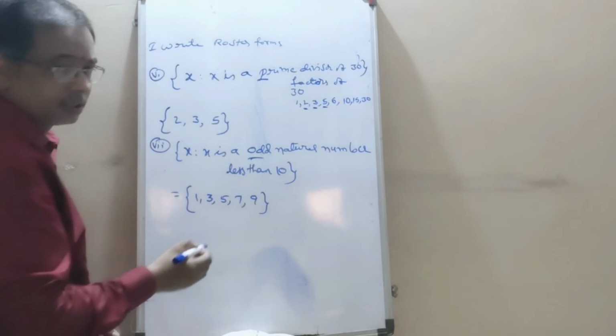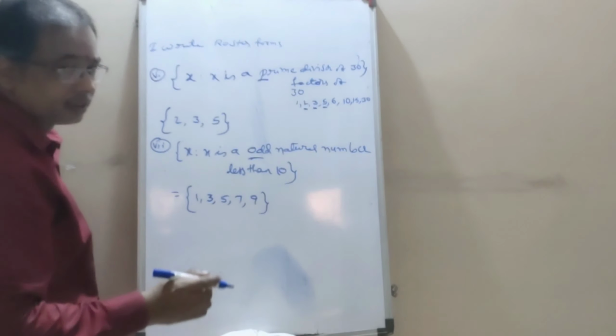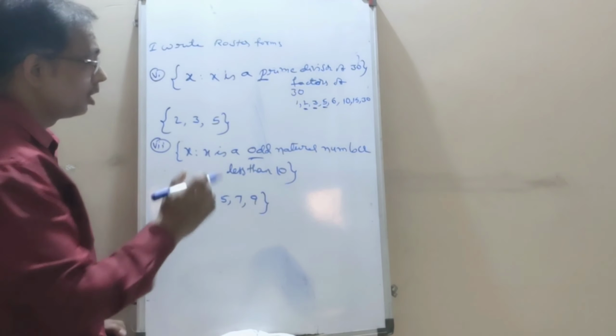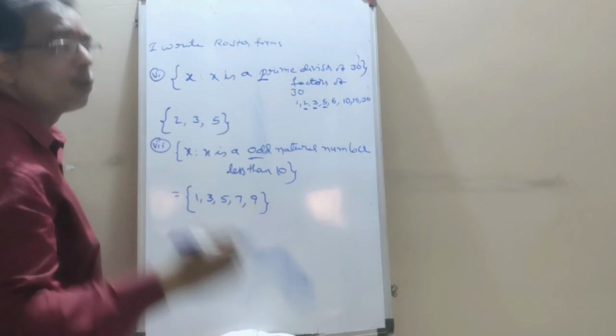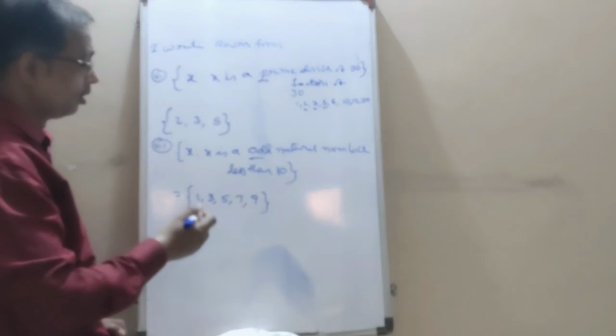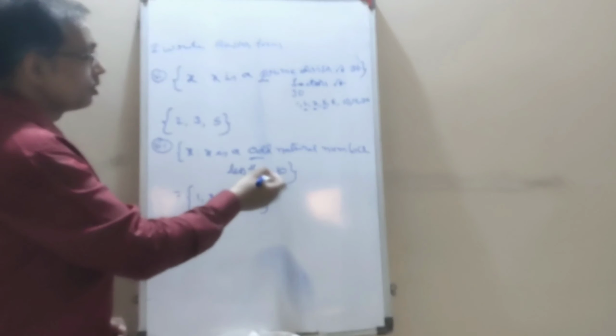Odd numbers means a number which is not exactly divisible by 2, or a number which when divided by 2 leaves remainder 1, known as the odd natural numbers. So here 1, 3, 5, 7 and 9, which are less than 10.